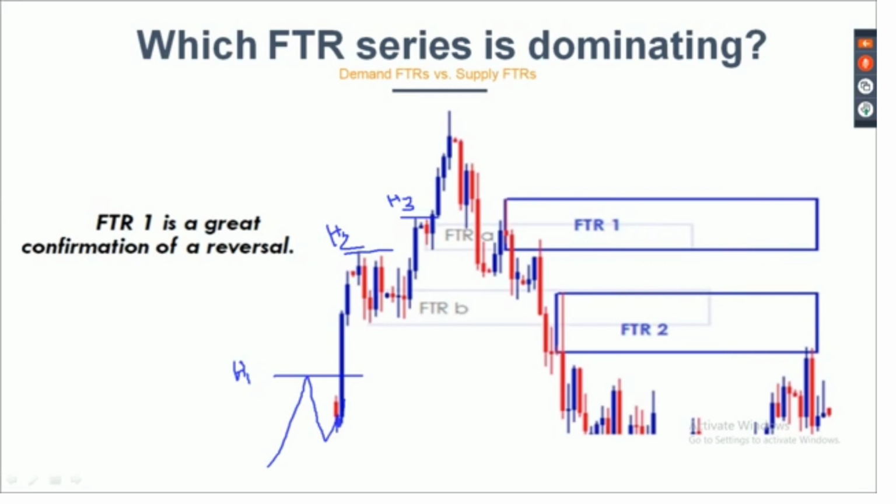Now look at this example. I don't know how many of you can spot this. Can you spot this trade, FTR1? After the demand FTR is engulfed, your supply FTR gave a trade. And this is your next FTB, your second supply FTR.